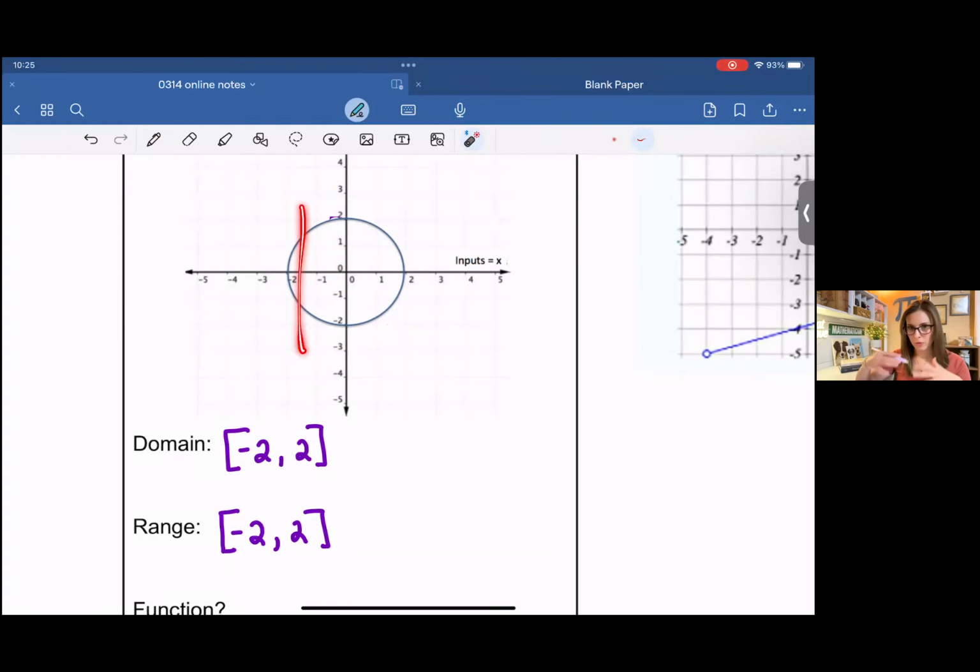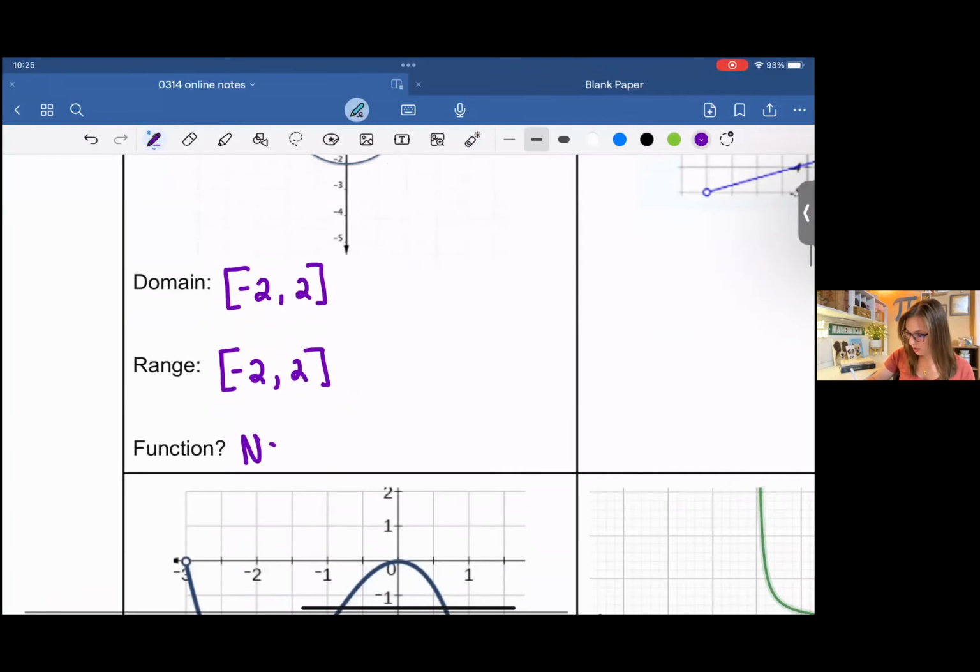So in the first vertical line I drew, it failed because it's hitting 2 points at once, which means that x repeated and it is not a function. It fails the VLT, vertical line test.